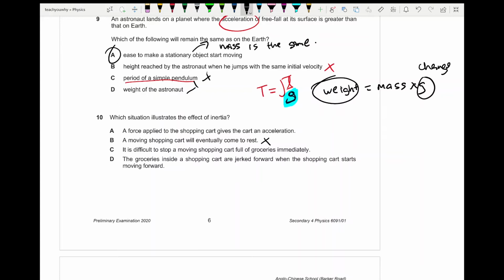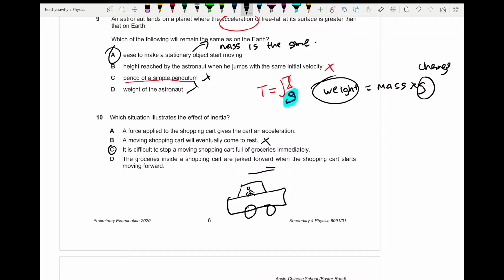It is difficult to stop a moving cart full of groceries immediately. Okay, I will say the answer is C. Let's see why. The groceries inside the shopping cart will jerk forward when the shopping cart starts moving forward. No, they don't. Imagine instead of a cart, yourself in a car.